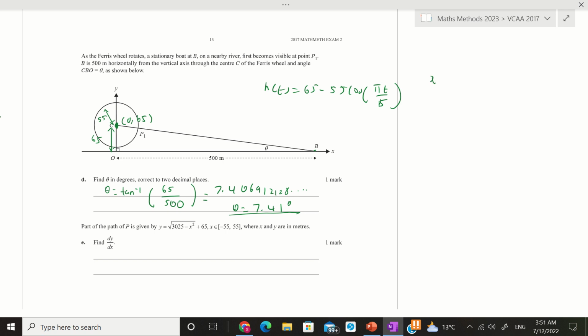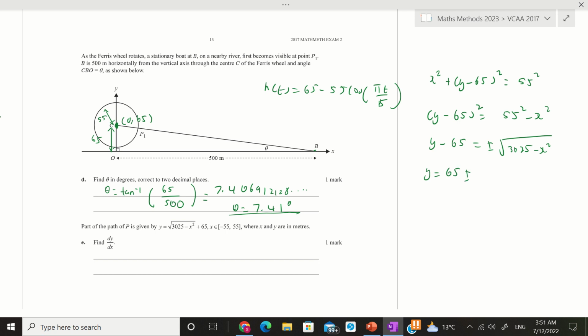Therefore, it looks something like x squared plus y minus 65 squared is equal to the radius squared, so 55 squared. Then if I just isolate y, I get y minus 65 squared is equal to 55 squared minus x squared. 55 squared is indeed 3025, so we'll write that down, plus or minus square root 3025 minus x squared, and then I'll add the 65 to both sides. So y will be 65 plus or minus the square root of 3025 minus x squared.